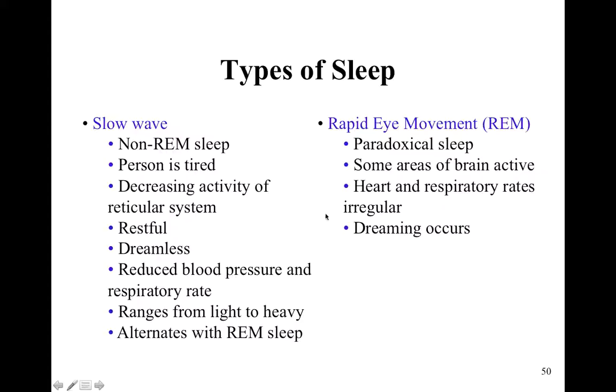Dreaming occurs here, and really we go from this slow wave to REM. We kind of go in between it all the time, where we're in REM for a while, then we'll go back to slow wave. We always start in slow wave anyway. No one starts in REM.